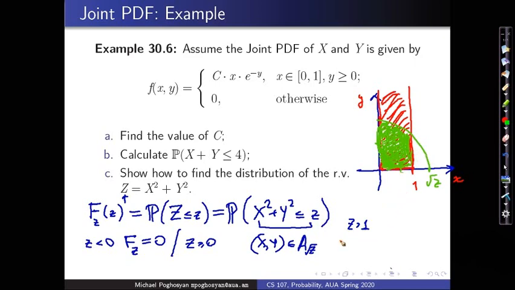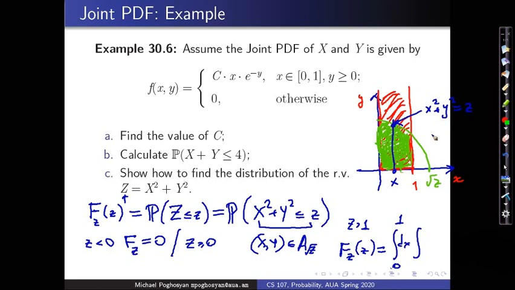So in that case, F(z) will be the following. I need to integrate my f over this region, and now I'm integrating with respect to x. It is better to describe it not in polar coordinates, but in x and y. So x is between 0 and y, dx, and y is changing from 0 to this point, which is found from the equation of this boundary curve: x squared plus y squared is z.